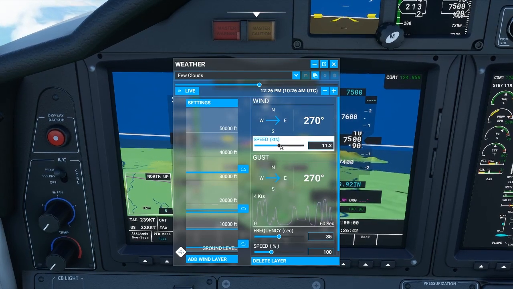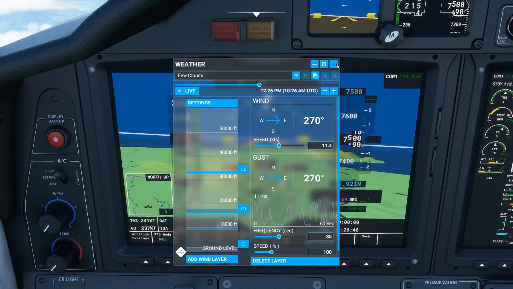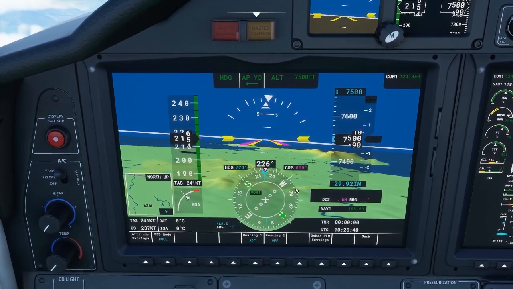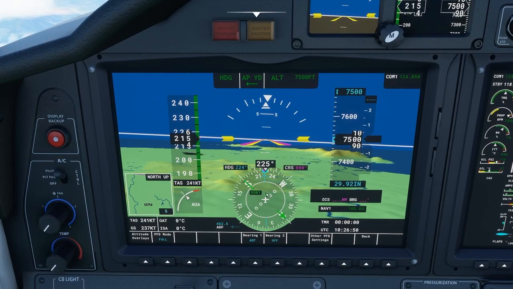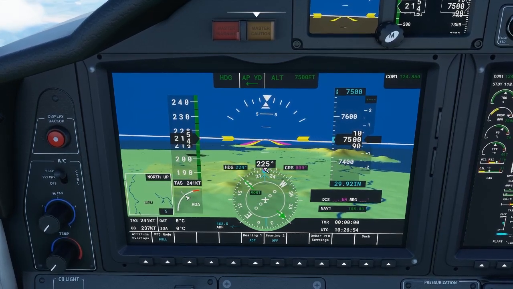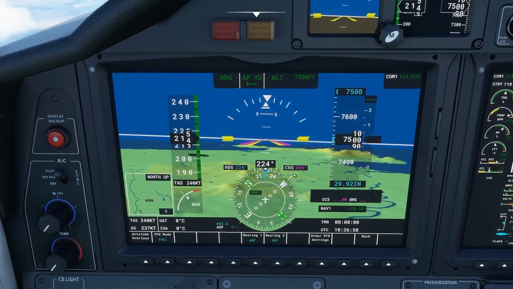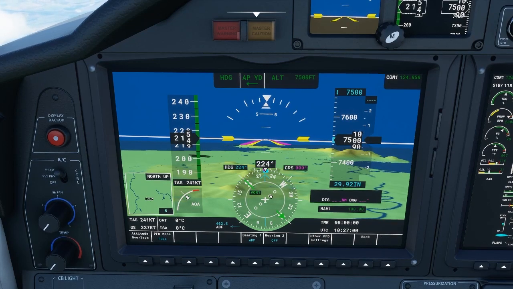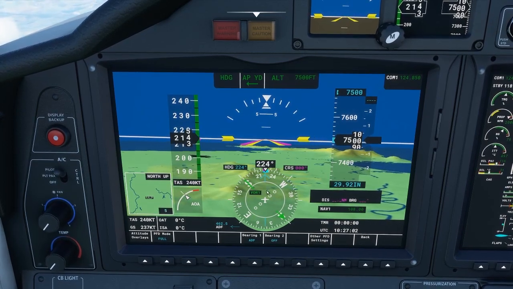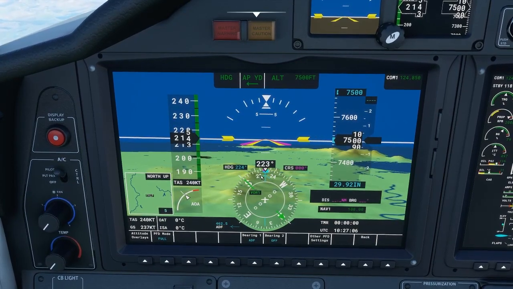The runway is 19, so let's put 270. What you'll see now is the wind is blowing from here, so that'll push us. Our aircraft heading is 224, but because of the drift, the wind from our right hand side, our actual track over the ground is probably going to be more like 210, something like that.